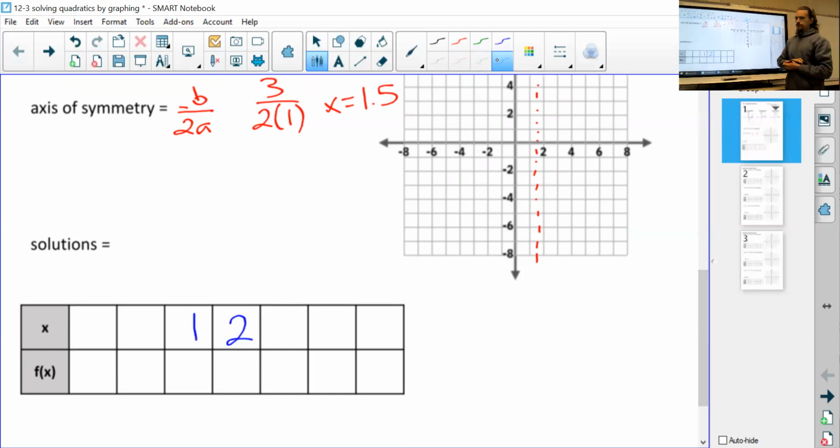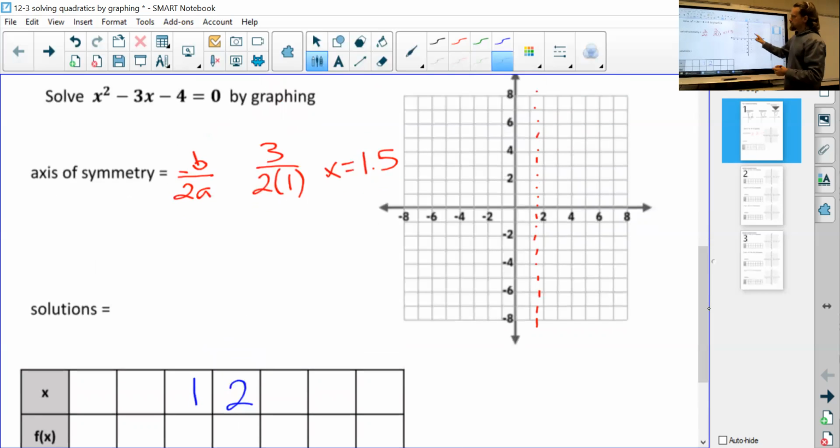Normally, if the vertex was a whole number, we would start with that one, put it in the middle, and pick some numbers smaller and some numbers bigger. But since we have a decimal, I'm going to pick one number immediately less than that and one immediately greater. Okay? So I'm going to take those x values and put them into my equation.